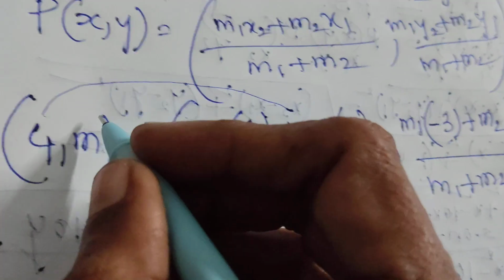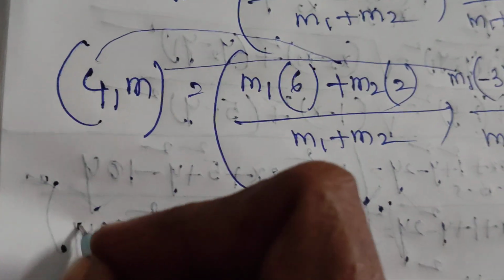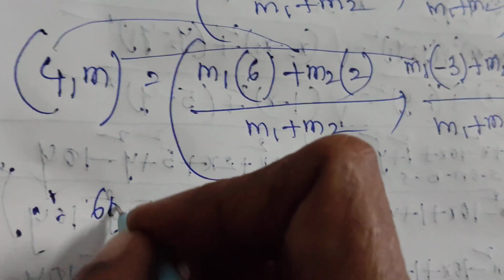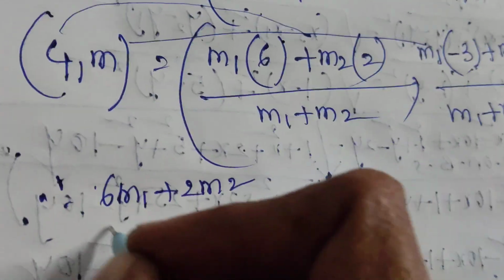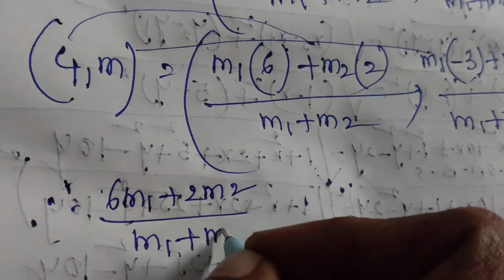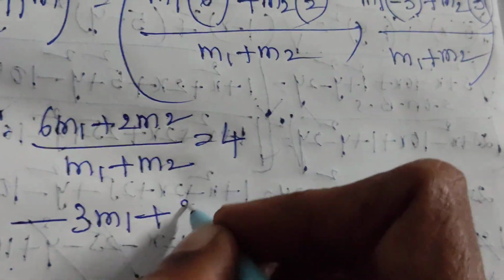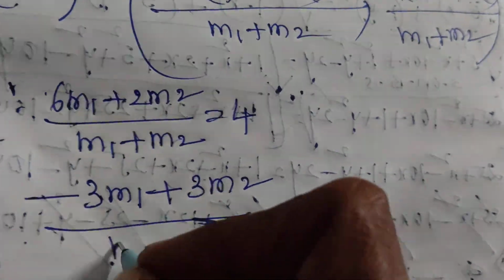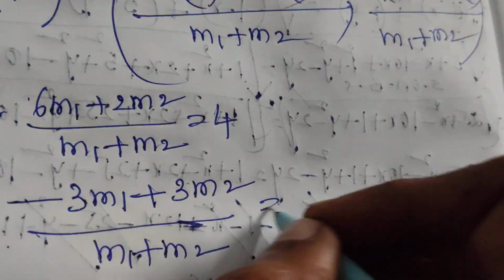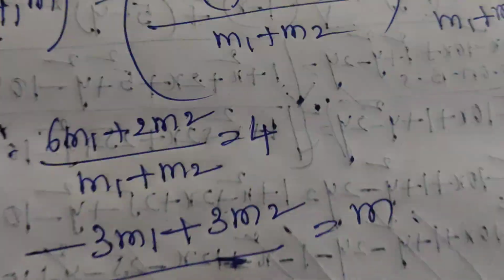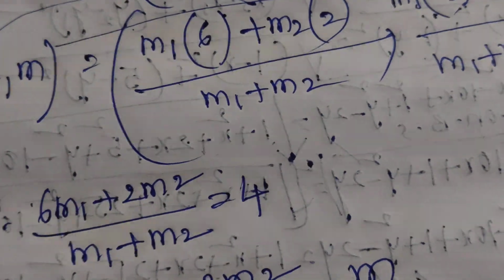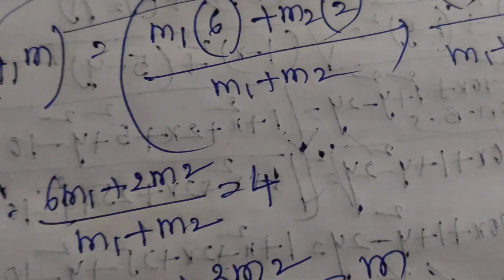Therefore, equating this to 4 and to m: (6 m1 + 2 m2) by (m1 + m2) equals 4, and again (minus 3 m1 + 3 m2) by (m1 + m2) equals m.